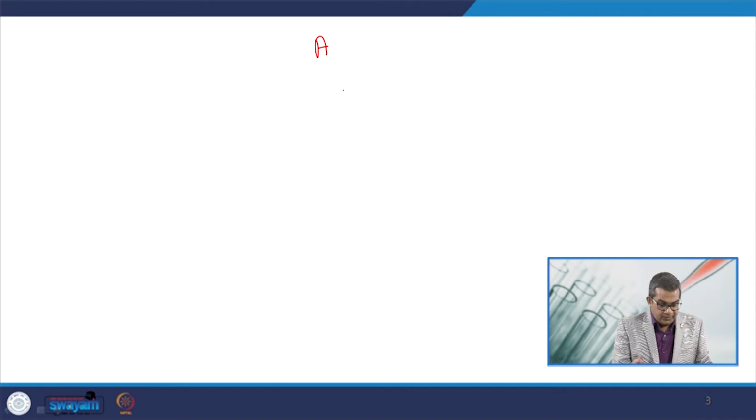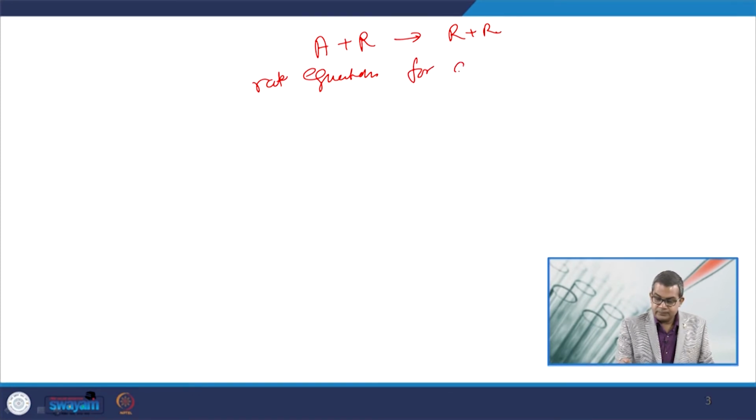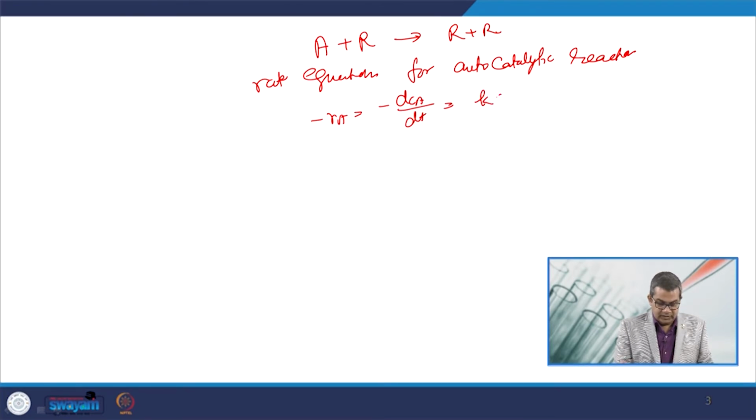So, in the mathematical approach, the autocatalytic reaction can be represented as A plus R gives R, and the rate equation for the autocatalytic reaction is minus RA equals K CA CR.